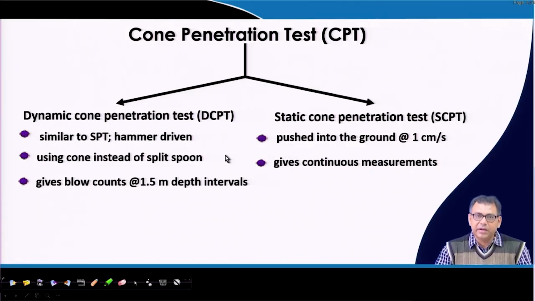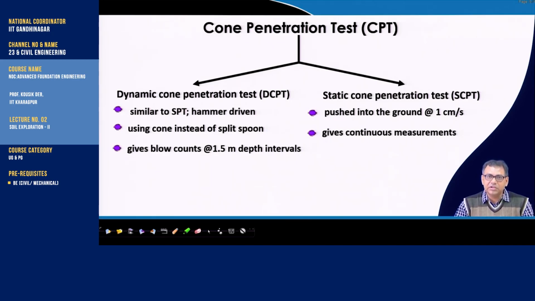DCPT also gives readings at intervals of 1.5 meters, but the SCPT gives continuous readings. And remember that in SPT we need boreholes, but in the cone penetration test, CPT, boreholes are not required, because it is either pushed or driven into the soil.